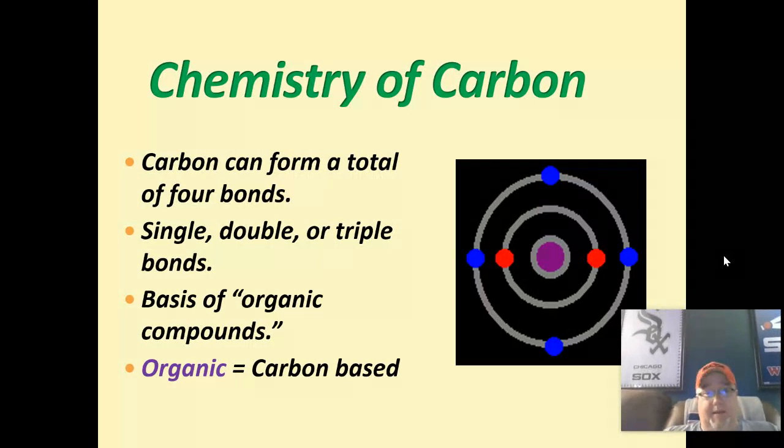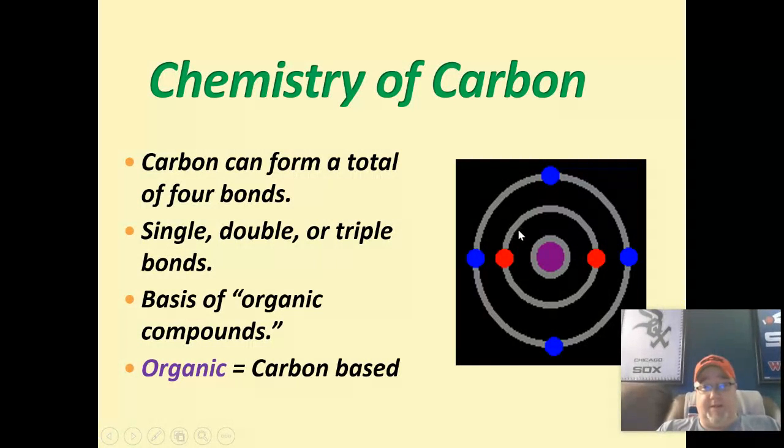So carbon has an atomic number of 6, which means in the middle you've got 6 protons, but you also have 6 electrons outside, right? You might remember from last week, we said that 2 of those electrons go in the first orbital, and then the other 4 go in the second. Even though the second orbital can hold up to 8, there's only 4 to put out there.